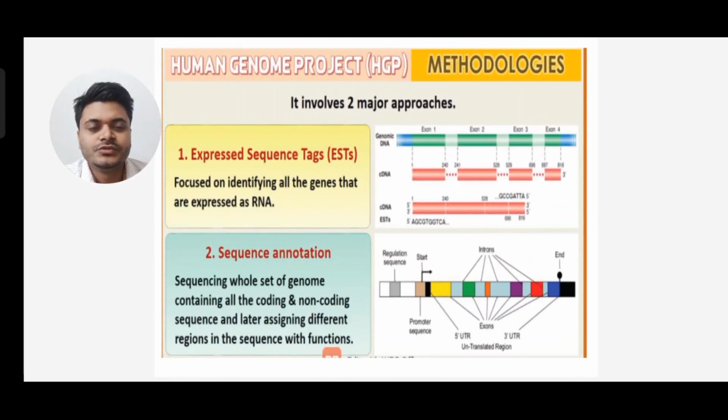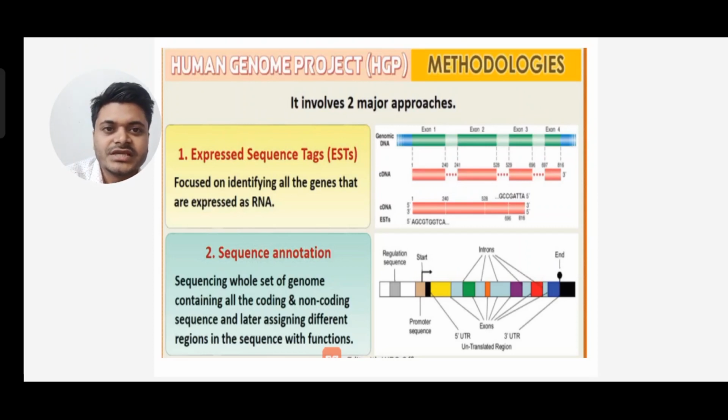Next, in the Human Genome Project there are two methodologies. It involves two major approaches. The first one is Expressed Sequence Tag, that is EST, and the second one is sequence annotation.